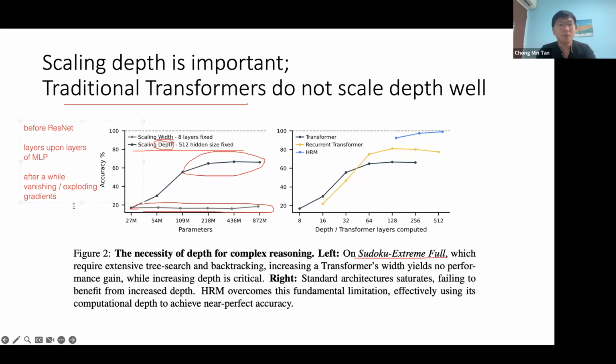So people came up with a very interesting idea: instead of just going through many layers in one go, I have a skip connection here. Then for your next layer, you can have another skip connection, and so on.